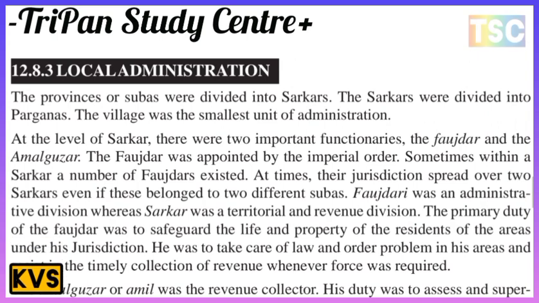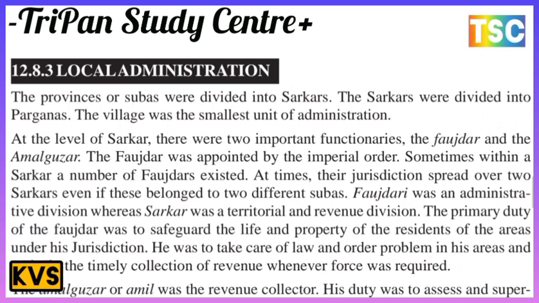At the level of the sarkar, there were two important functionaries, the Faujdar and the Amal-guzar. The Faujdar was appointed by imperial order, and sometimes within a sarkar a number of Faujdars existed. At times, a Faujdar's jurisdiction spread over two sarkars, even if they belonged to two different Subas.